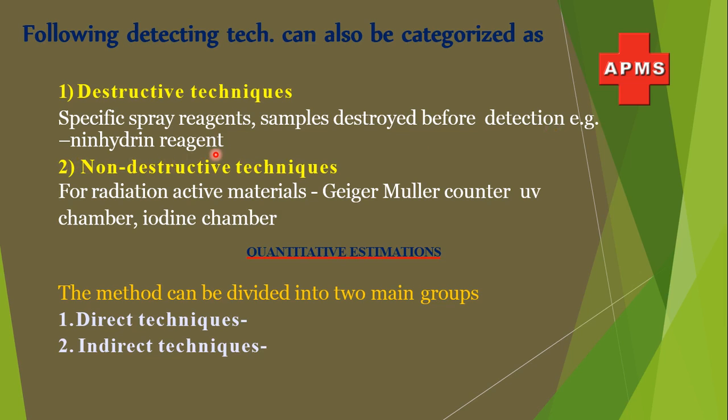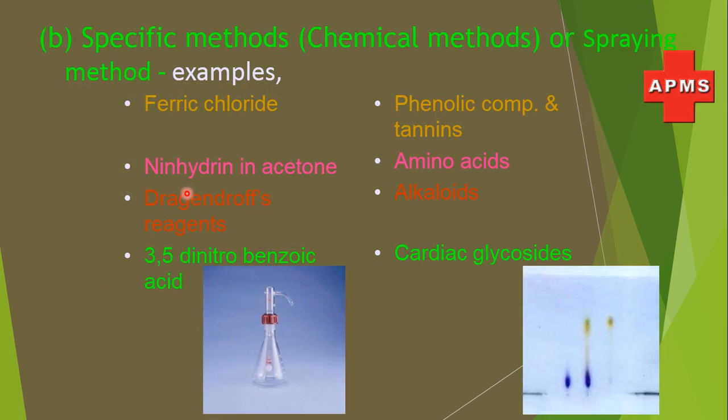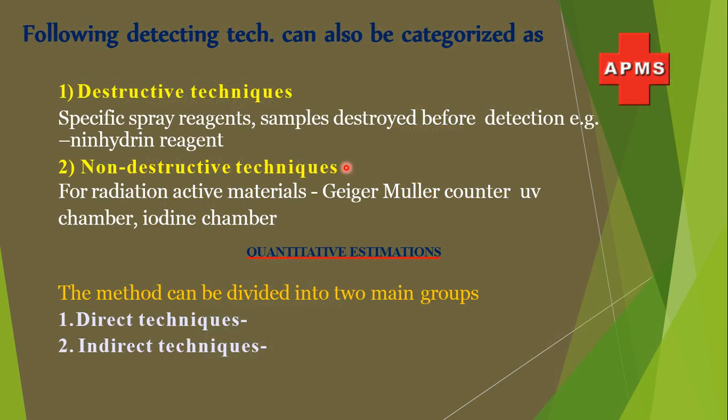Example, ninhydrin reagent, which is applied for amino acids. When it is applied, the amino acid reacts with the ninhydrin reagent and changes its structure.